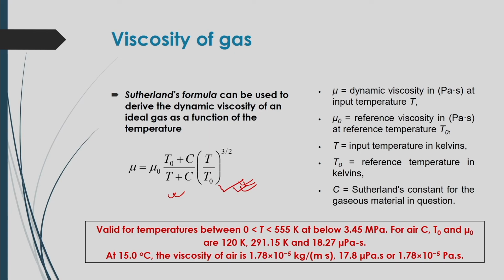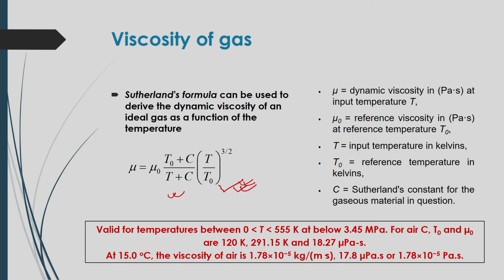Basically, for a temperature within 555 K and a pressure below 3.45 megapascal, you will see that for air the parameters C, T0 and mu 0 are 120 K, 291.15 K and 18.27 micro Pascal second.